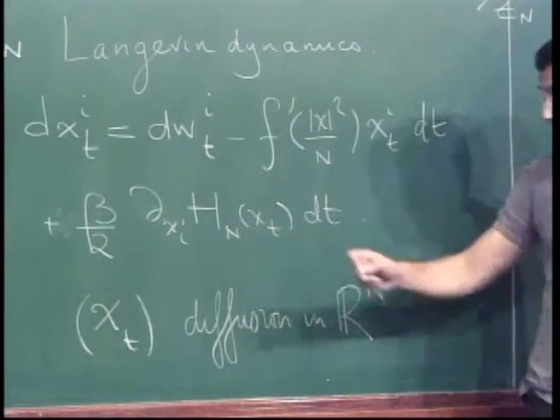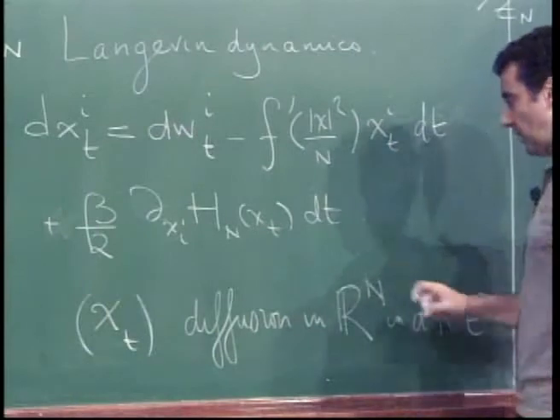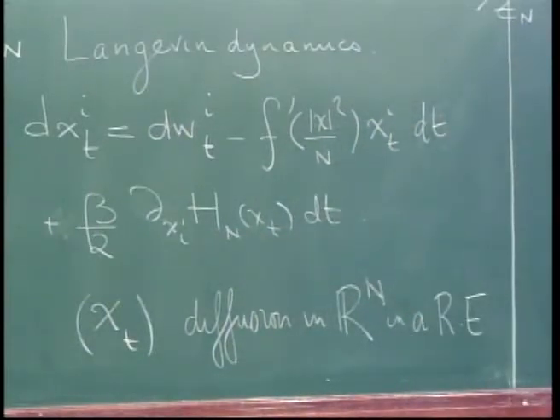In a random environment. Right? Because we have a random H here. And you're interested in the behavior of this thing. So this is the exact same problem as the one I described last time when I was looking at Glauber dynamics. I was on a discrete structure, looking at a Glauber thing. Now I'm on a continuous structure, I look at Langevin.